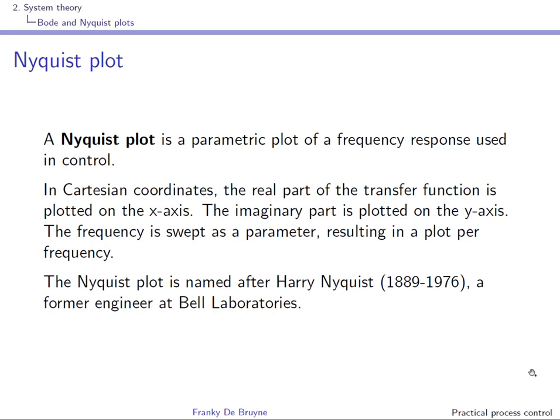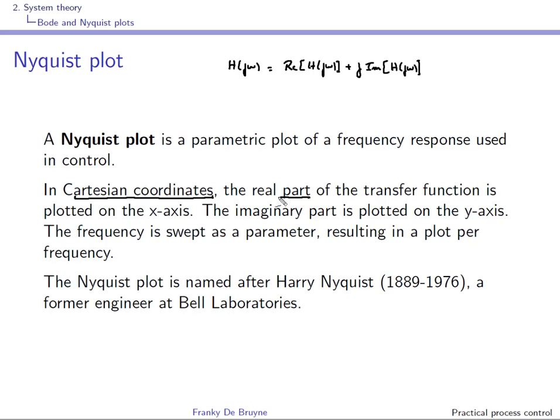The Nyquist plot is named after Harry Nyquist, and it's a parametric plot of the frequency response. This means that the plot is a function of a parameter, and this parameter here is frequency. If you work in Cartesian coordinates, then you consider this complex number H(jω) written in Cartesian form: the real part of H(jω) plus the imaginary part of H(jω).